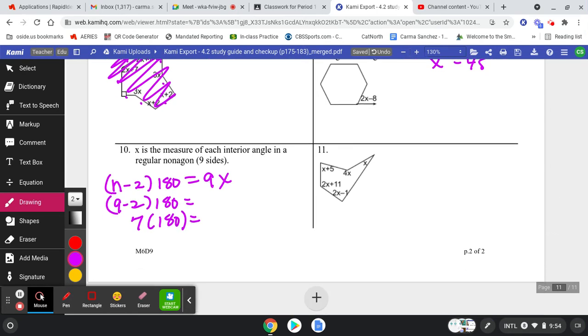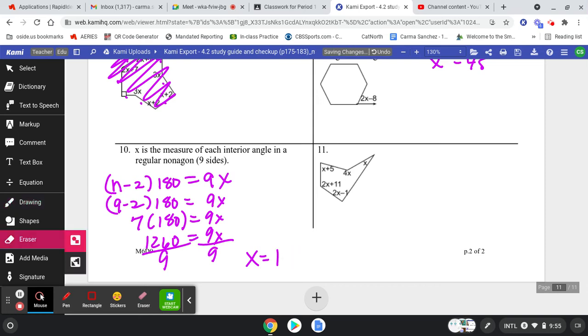Let's see how many that gives us, and then we'll divide it by 9. How'd you do? Did you get 140? Okay, we're also going to skip number 11.